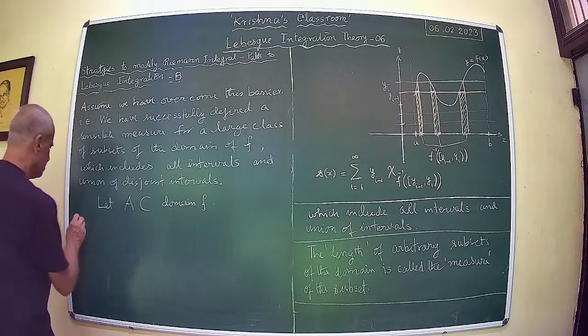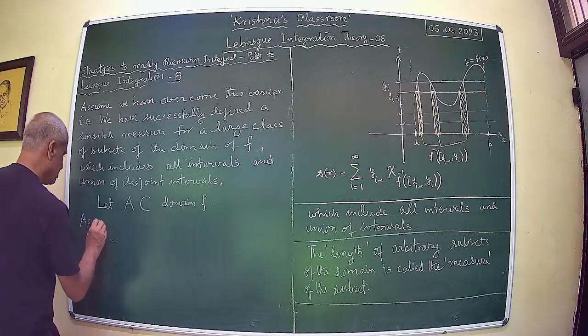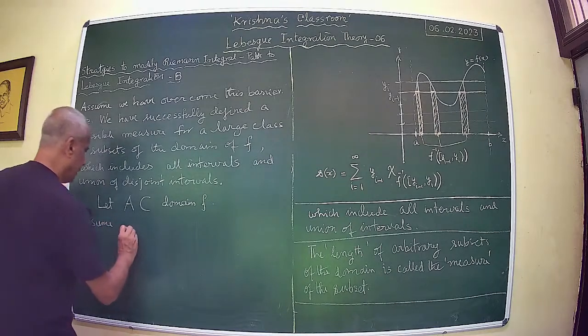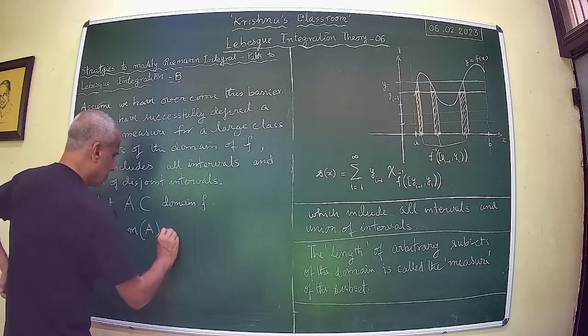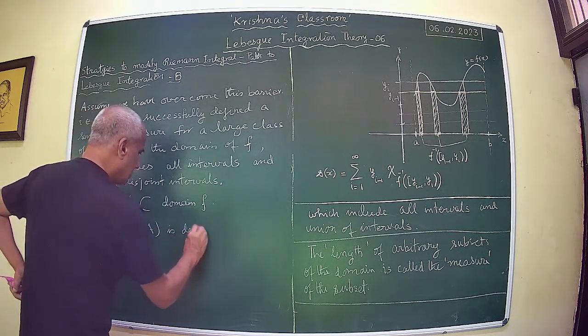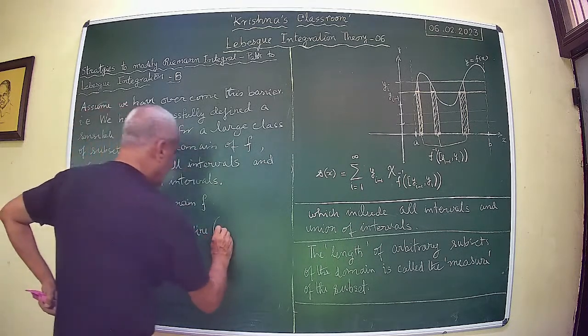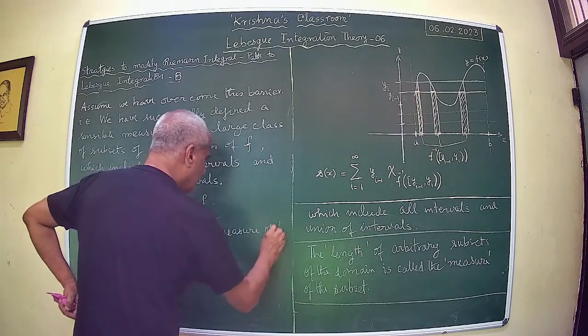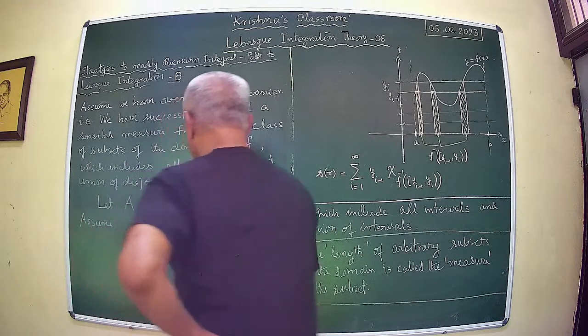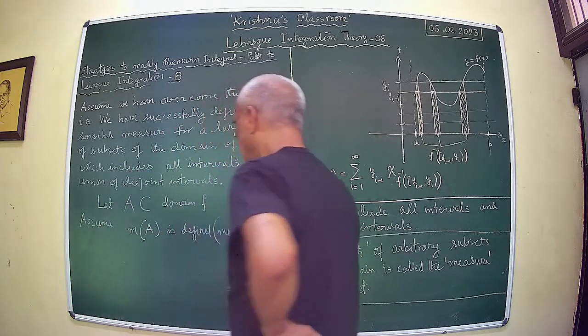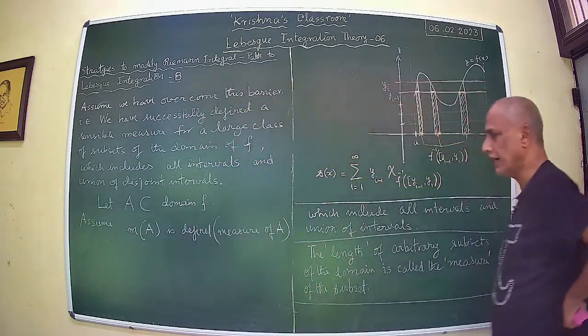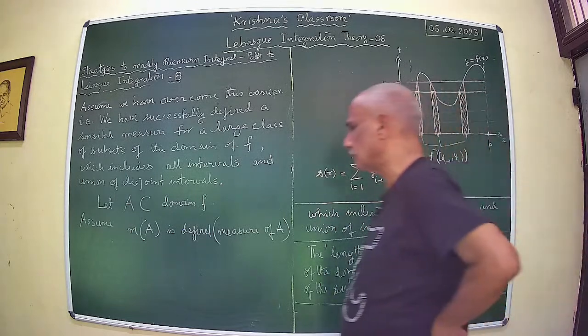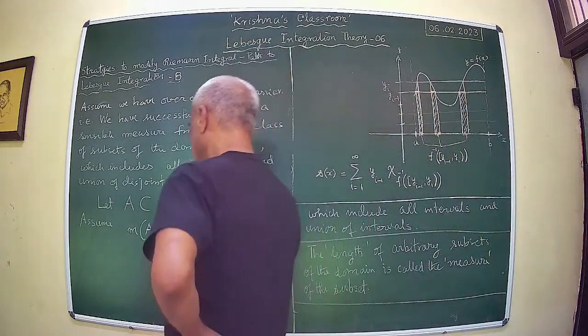And assume the measure of A is defined. We could successfully define this for A, or A is a subset for which this is well defined.